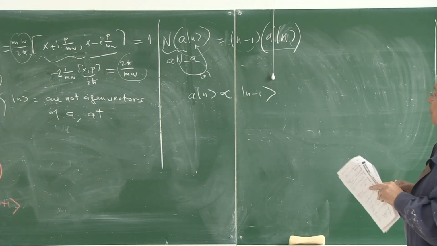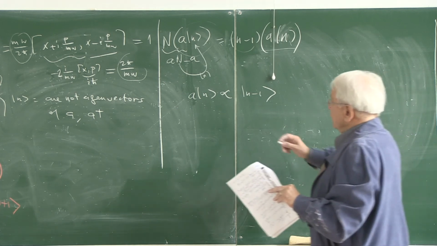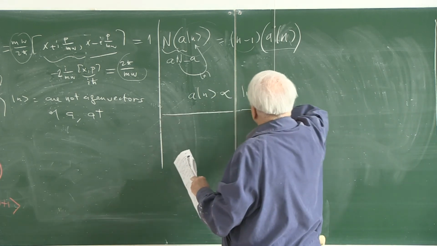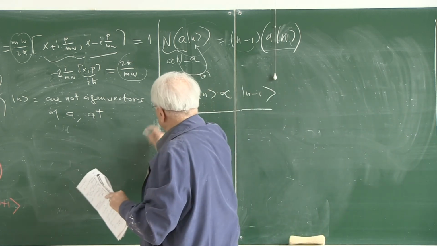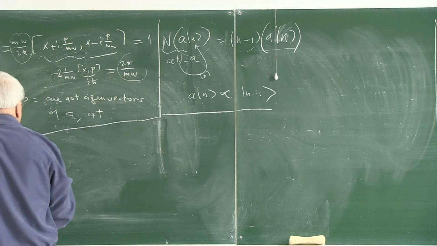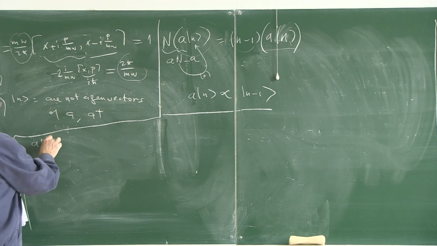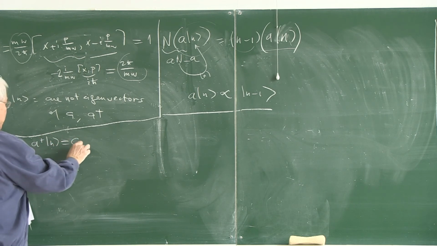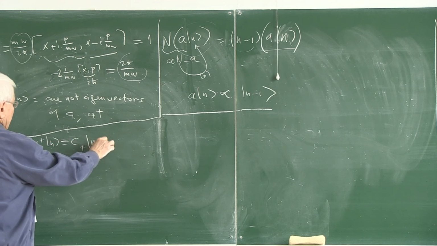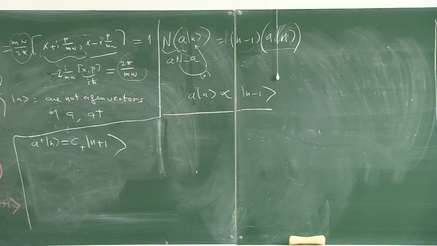Now let's try to determine those constants. So I write A dagger |n> is C plus |n plus 1>. Now I can write it as an equality.